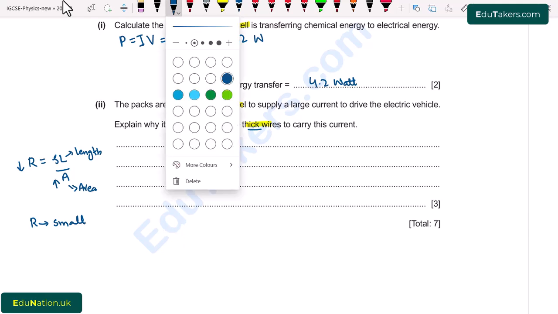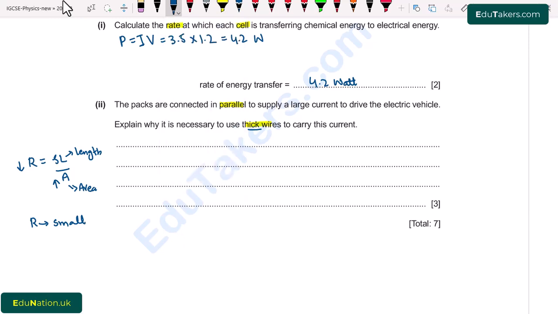So I write here: thick wires have smaller resistance, you can see from this formula. It is more efficient in carrying current.